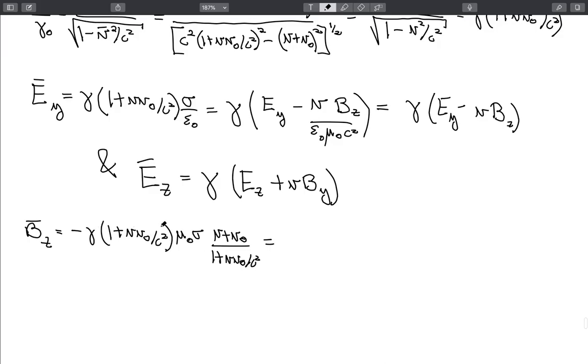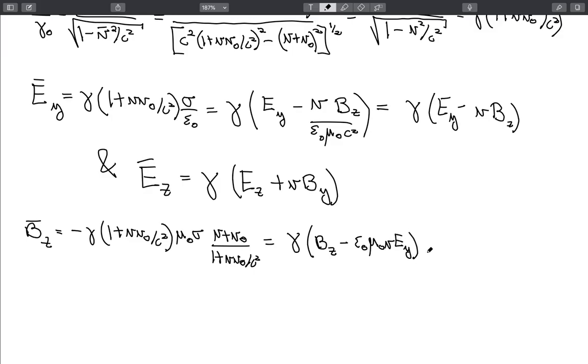And I can immediately identify that this is gamma times the Bz, minus epsilon 0 mu 0 v Ey, right?